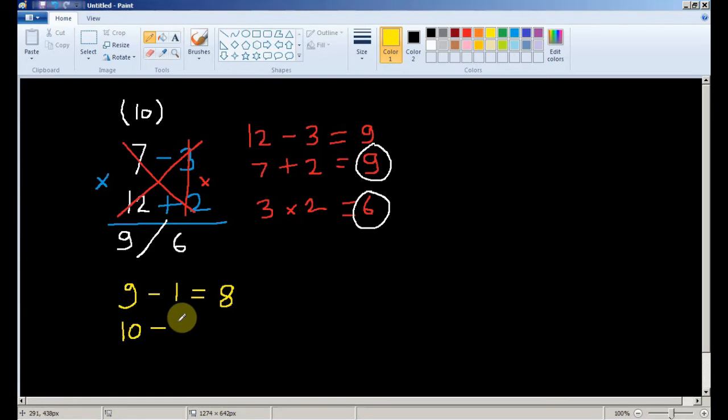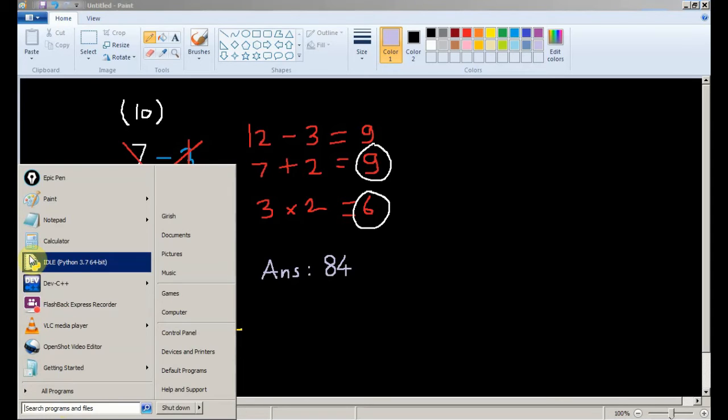Our base is 10, so I simply take 6 and subtract it from 10, which gives 4. So I get 84. The answer I got now is 84.